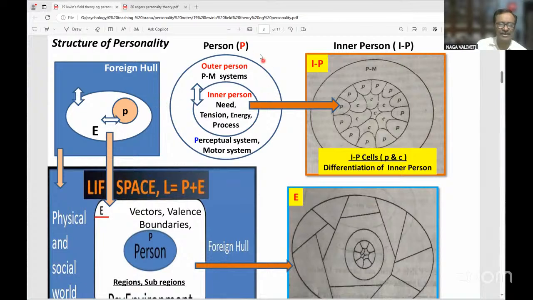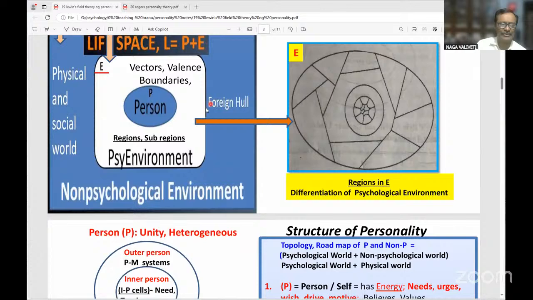Coming back, having understood the differentiation and subdivisions of the person, we are going to the area around the person. There are certain activities, right? There are boundaries, thickness is there, it cannot go inside, then it creates conflict and a problem in the understanding also. There are certain vectors and certain characters like vectors and valence.